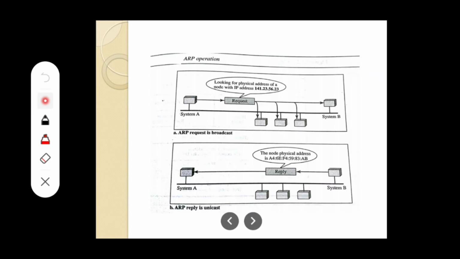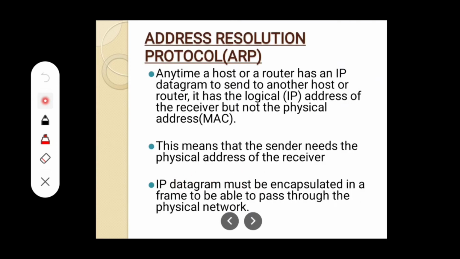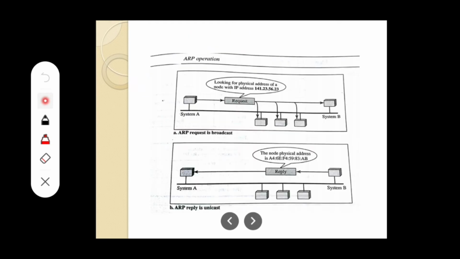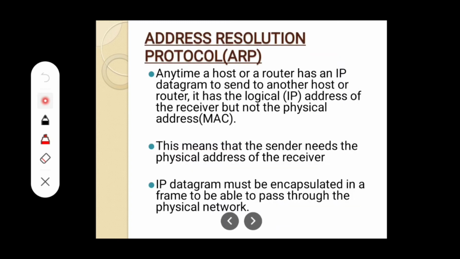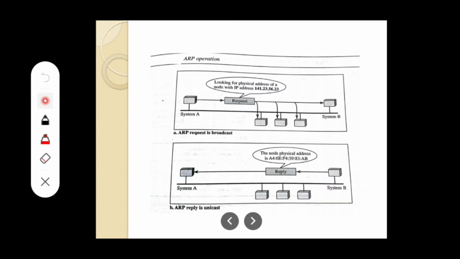All the physical networks through which this IP datagram passes, it is encapsulated into a frame, and this frame is being transferred to different physical networks. Okay. So to understand this address resolution, if a host wants to know the MAC ID or the physical ID of his destination, look at this figure.